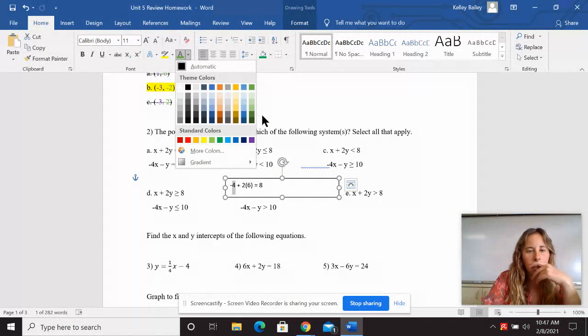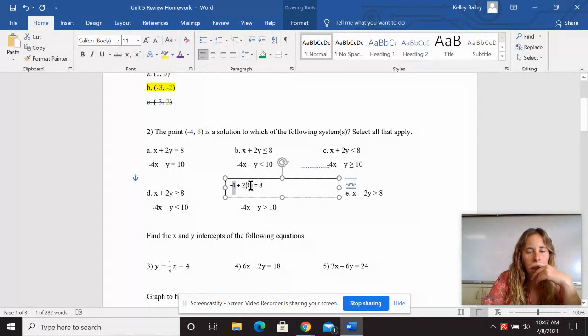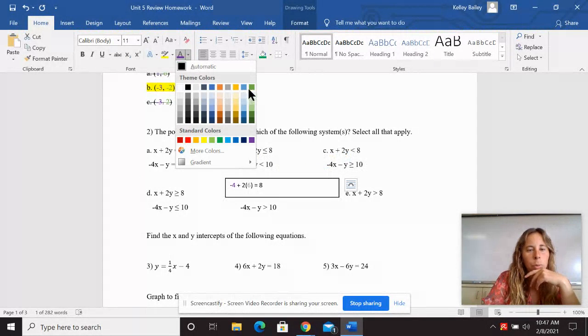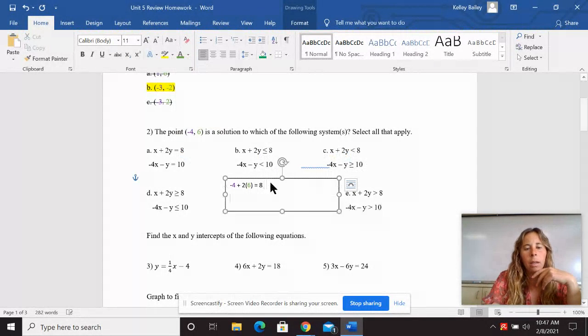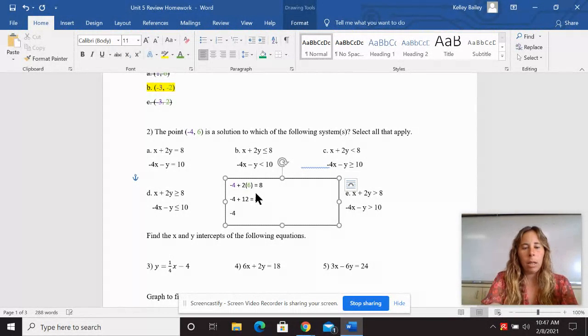But this is purple and 6 is green. That's y. So you have negative 4 plus 6 times 2 is 12, equals 8. Negative 4 plus 12 is 8. So that checks out.